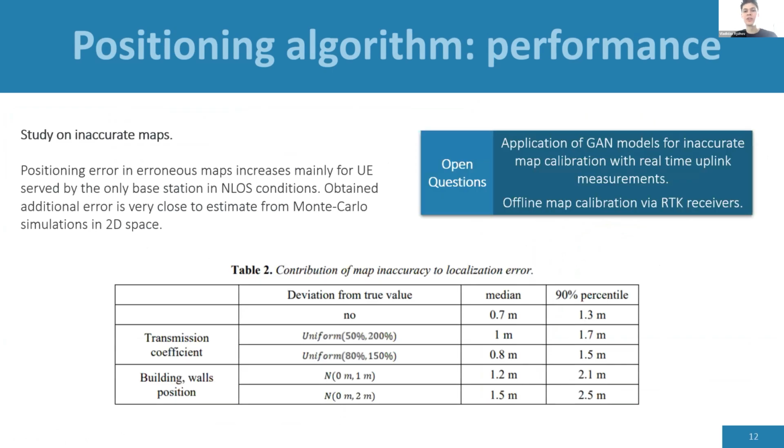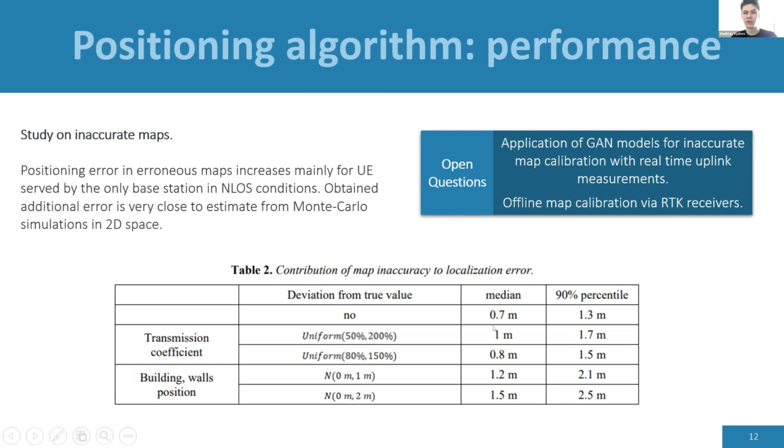Also, this slide presents how inaccurate maps influence the positioning accuracy. We did these simulations and compared them to estimates done by Monte Carlo simulation in 2D space, when we know the probability of error of outdoor buildings, of trees, and so on.